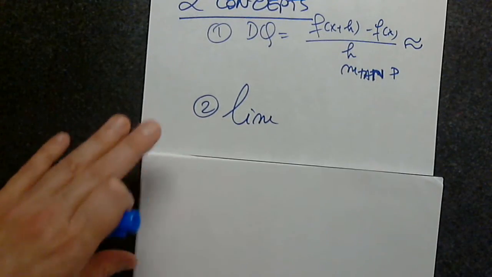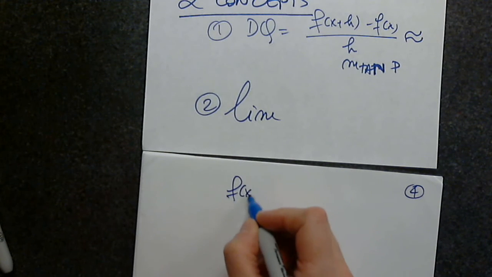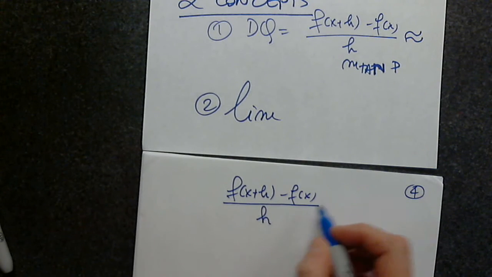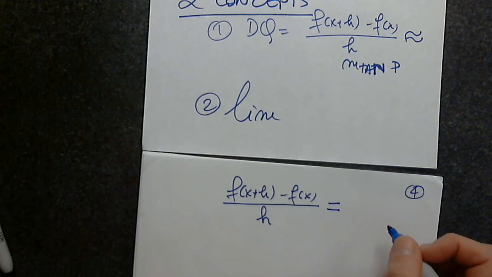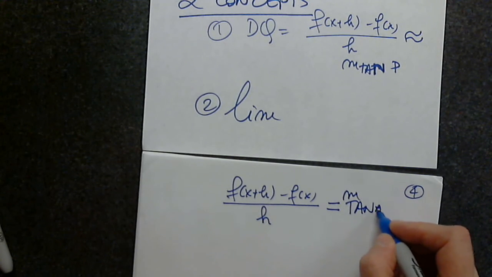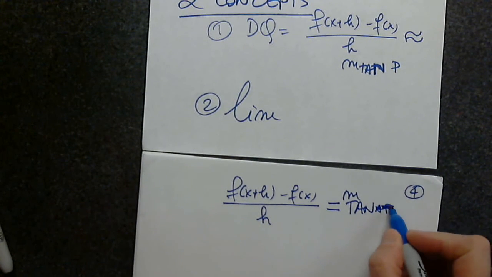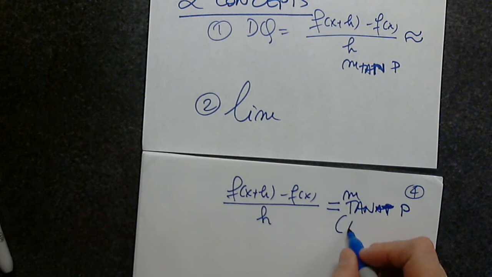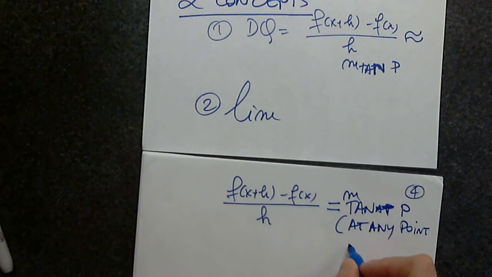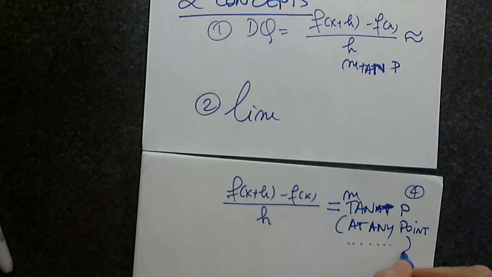So I want now to determine the slope of the tangent line exactly. Slope of the tangent at P at any point. There is something missing here that I will explain in a moment, to be exact.